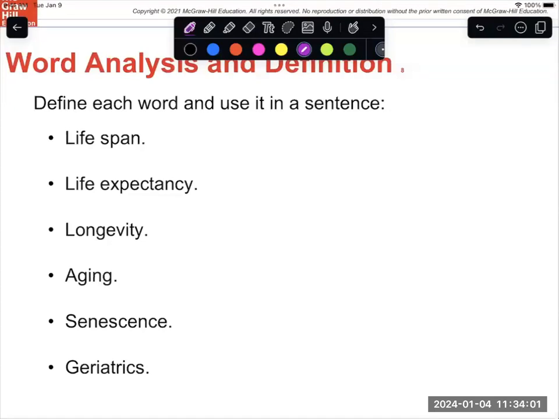Longevity is living beyond life expectancy. Aging refers to the process of human maturation and decline. Senescence is that state of being old. Geriatrics is the medical specialty of the care and treatment of the elderly.